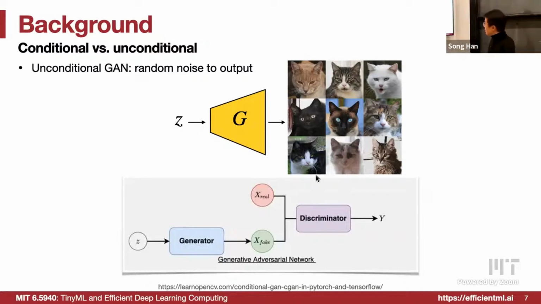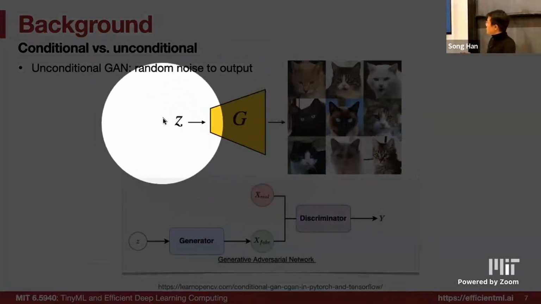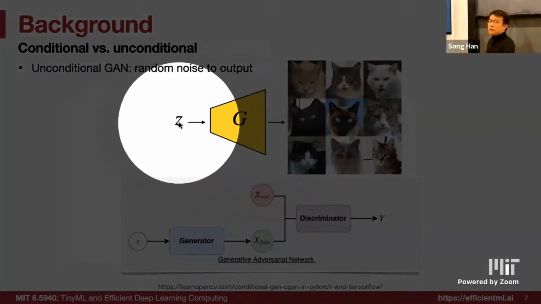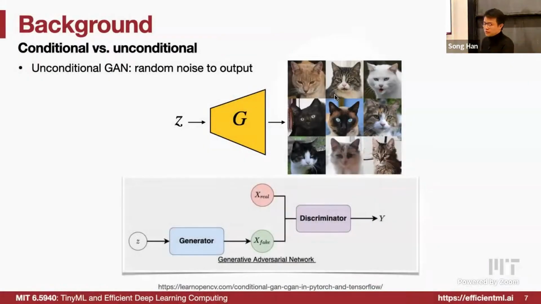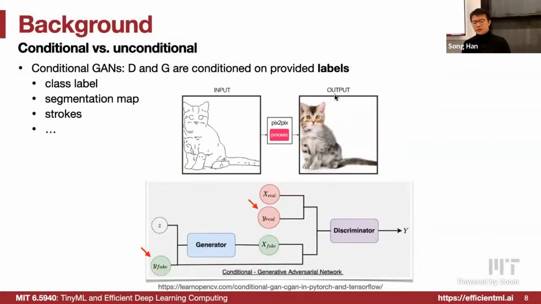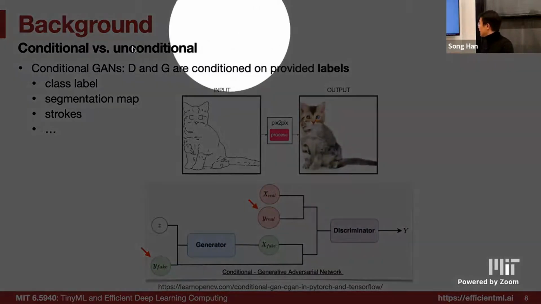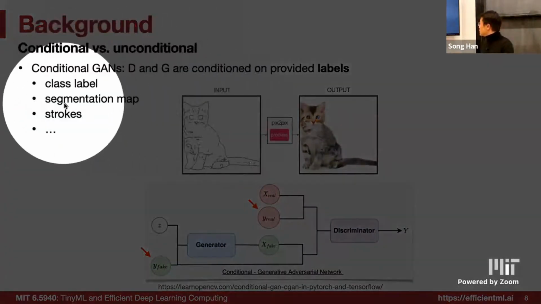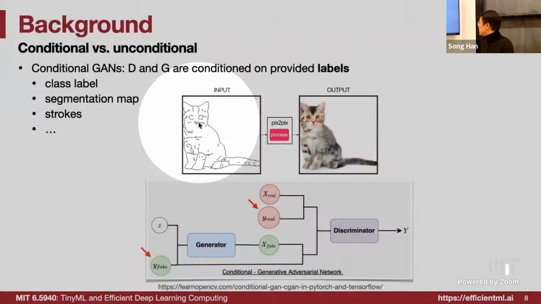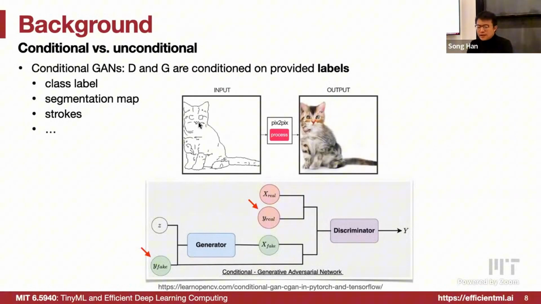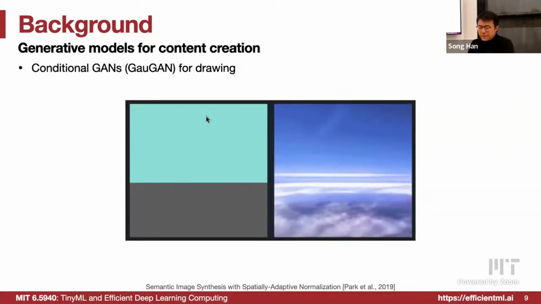For unconditional GAN, we feed the GAN model's generator with random noise to generate the output. Versus for conditional GAN, both the discriminator and the generator are conditioned on provided labels, either a class label or the segmentation map or strokes. So this is the difference between conditional versus unconditional GAN.